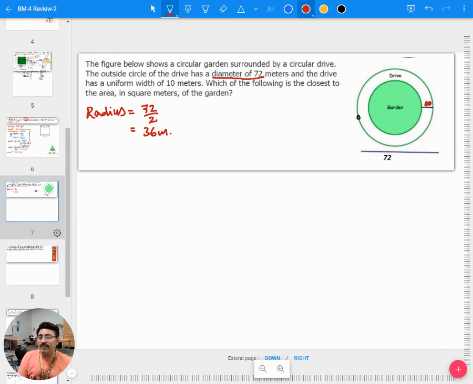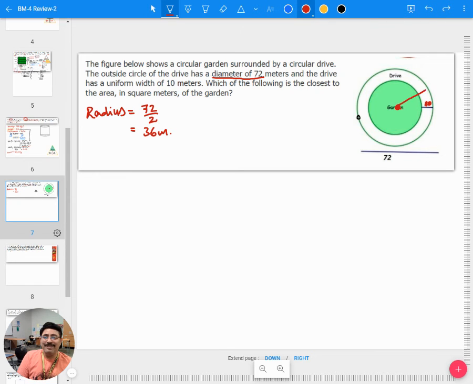Therefore, listen carefully. We know that the total is 36, that is the radius, and we know that the drive is 10. Shall I add or take away to get the radius of the garden? It's a straight question. Let me draw once again.